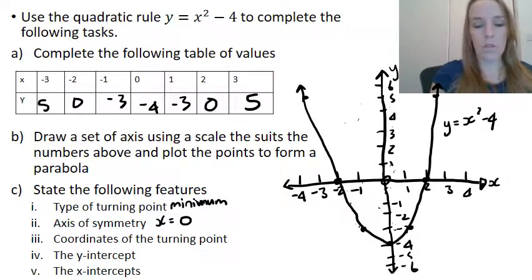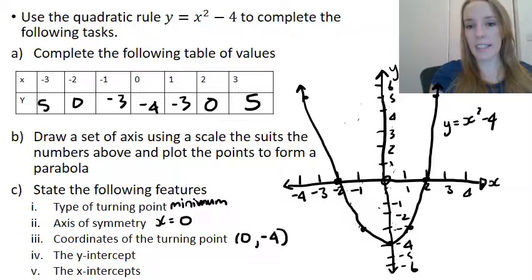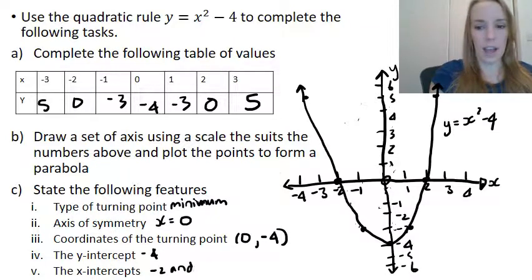The coordinates of the turning point, so x is 0, y is -4. The y-intercept, where does it cut the y-axis? So it cuts the y-axis at -4. And the x-intercepts, where does it cut the x-axis? At -2 and 2. So that would be the end of that question there.